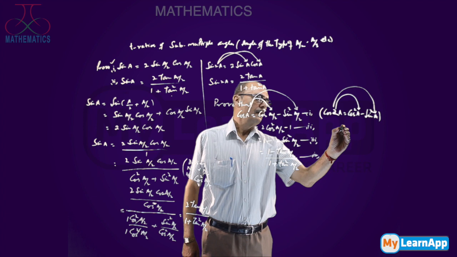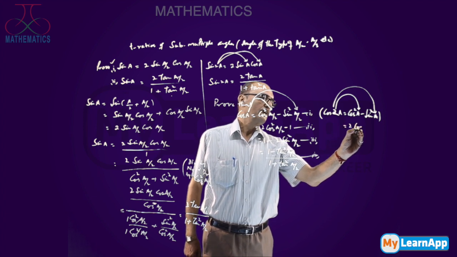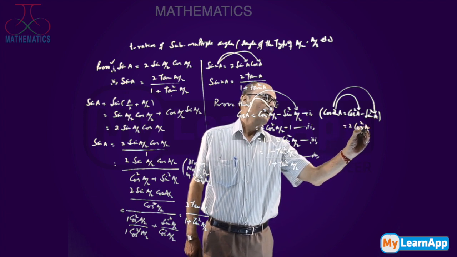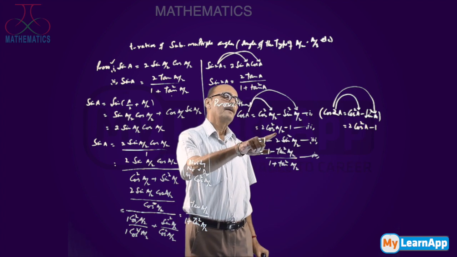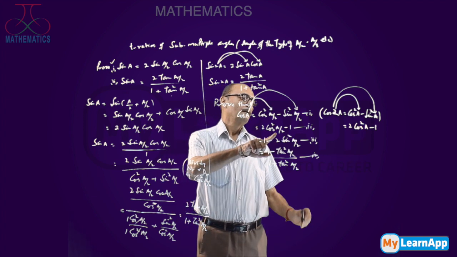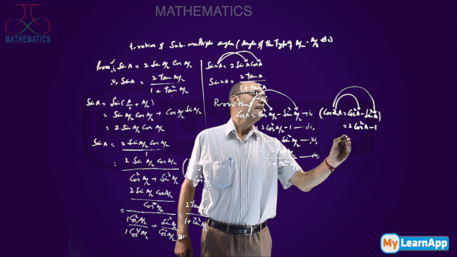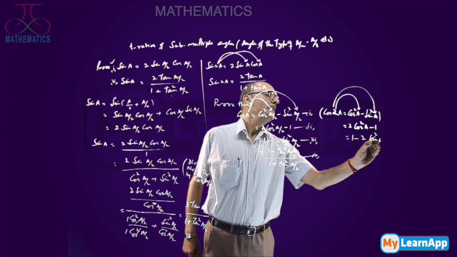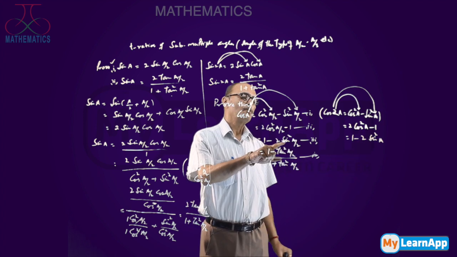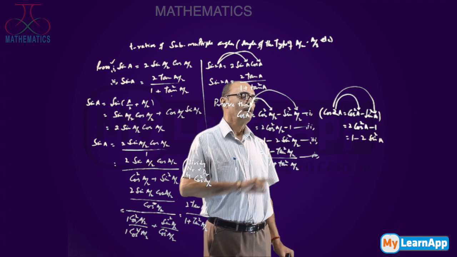Then we have 2 cos square a minus 1. Here we have a by 2. This is equal to 1 minus 2 sine square a. Here we have 2 sine square a by 2.